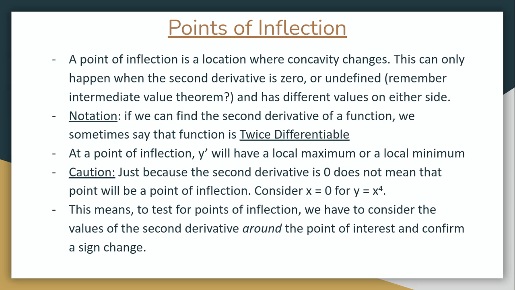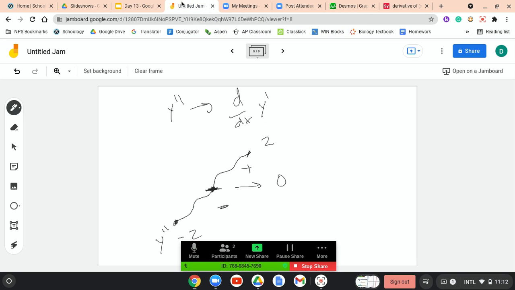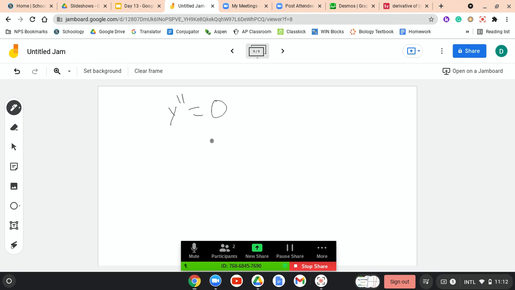At a point of inflection, the first derivative will have a maximum or a minimum. I'll explain that in a second. We said that at a point of inflection, the second derivative is 0. And the second derivative is, I hate this mouthful, the derivative of the first derivative.